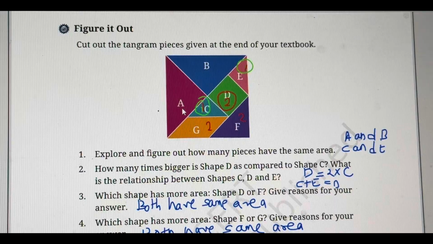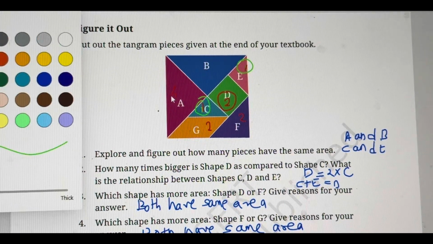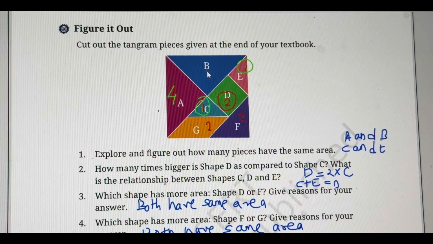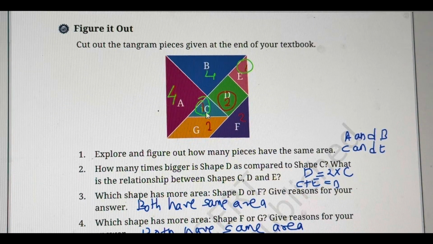We also saw that A is twice G. So if we have taken G as 2, A will be 4. If A is 4, B is also 4, because they both have same area, right?